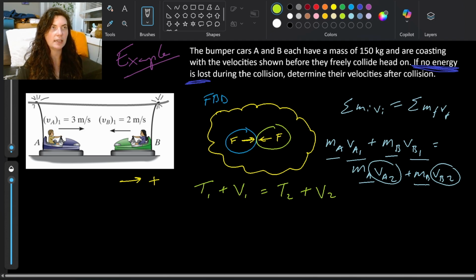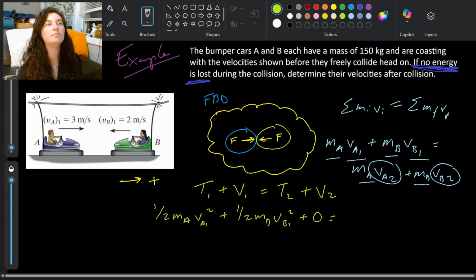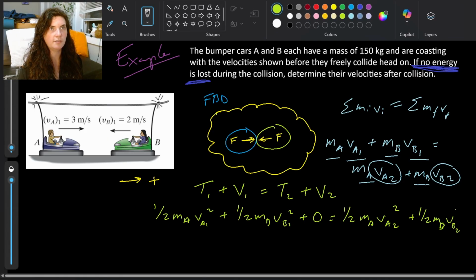So it's entirely kinetic energy in this equation: 1/2 mA vA1 squared plus 1/2 mB vB1 squared, and then no potential energies. And then we repeat that for the final kinetic energies: 1/2 mass of A times velocity of A final squared plus 1/2 mass of B times velocity of B final squared plus 0.